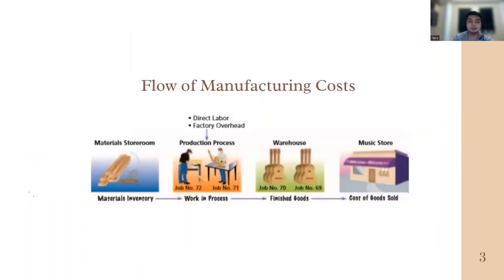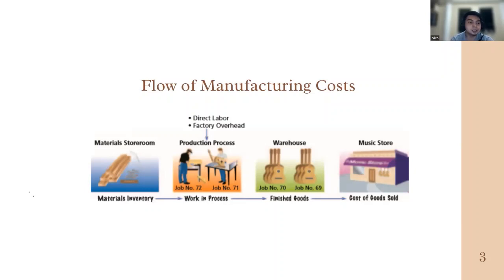In this figure, this shows the flow of manufacturing cost. From the materials inventory, they are stored in the materials storeroom. After that, they move to work in process. They are included in job numbers 71 and 72. So they become part of the work in process inventory.